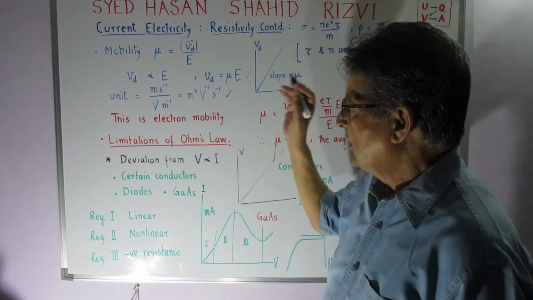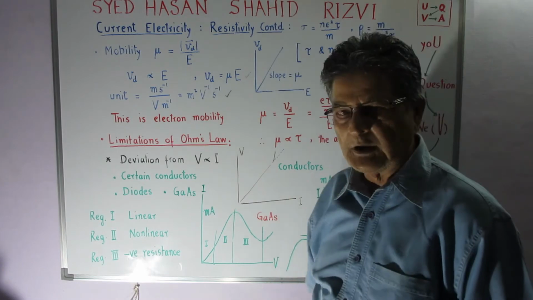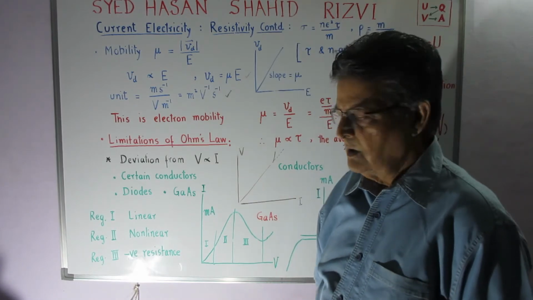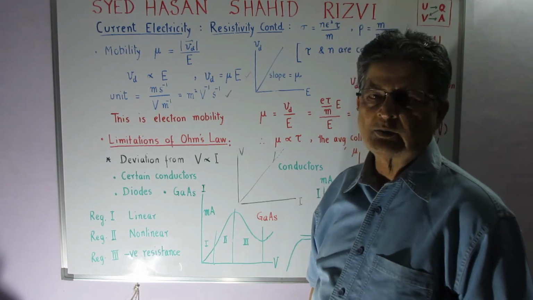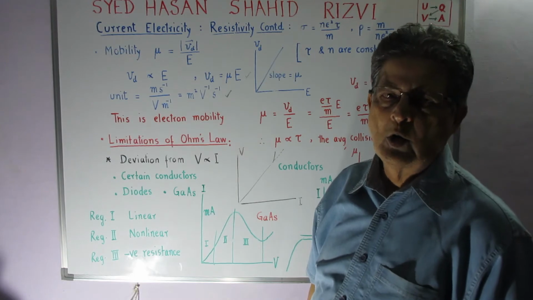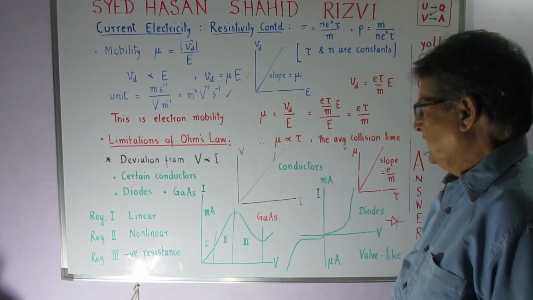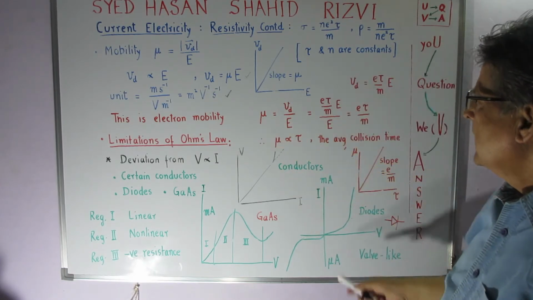So there is electron mobility, and when I am talking about semiconductors, there will be hole mobility also. Normally at the same temperature, if electrons and holes both are present, then the electron has more mobility as compared to holes.